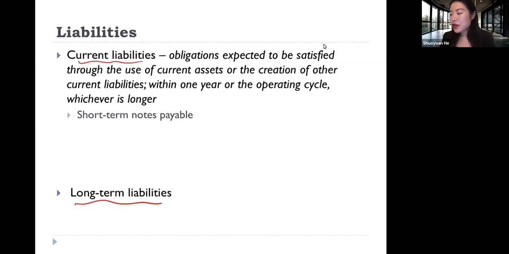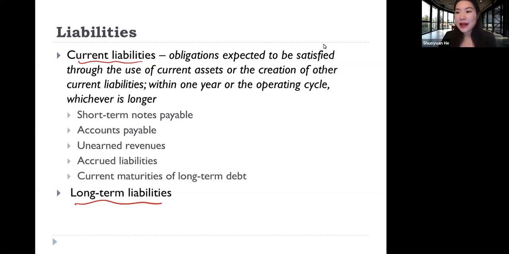The usual items classified as current liabilities are short-term notes payable, accounts payable, unearned revenue, accrued liabilities, and current maturity of long-term debt. So those are the usual items of current liabilities.